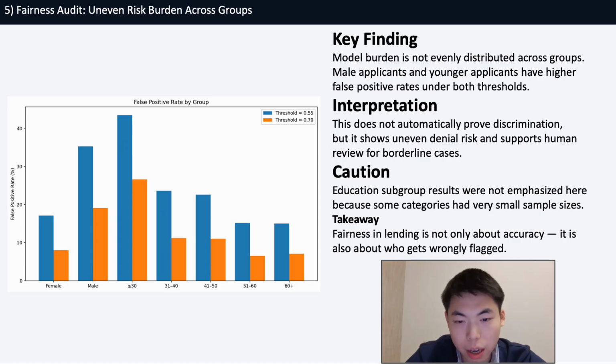We found that under both thresholds, male applicants had higher false positive rates than female applicants, and younger applicants had higher false positive rates than older applicants. So this burden was not evenly distributed across groups.